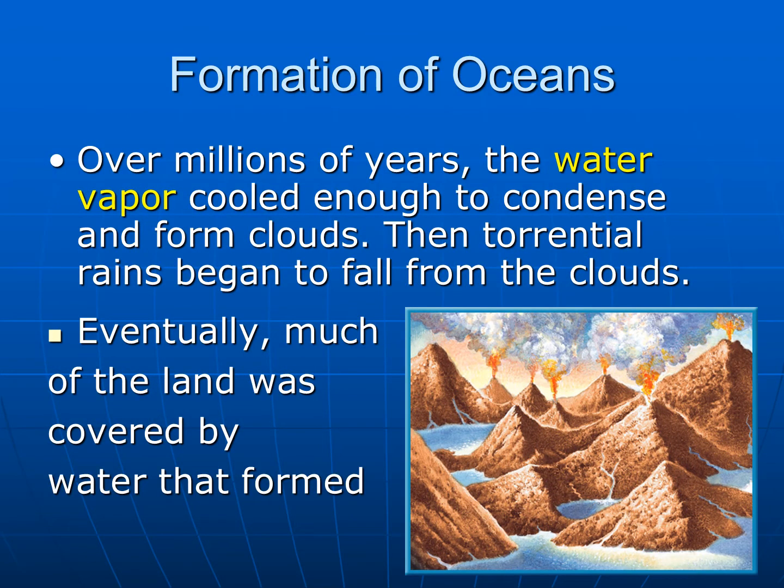So the water vapor supposedly cooled enough and formed clouds. Again, clouds are nothing but water vapor held. And so it began to rain. And what they're trying to say is that it rained so much the whole earth was then covered by water.